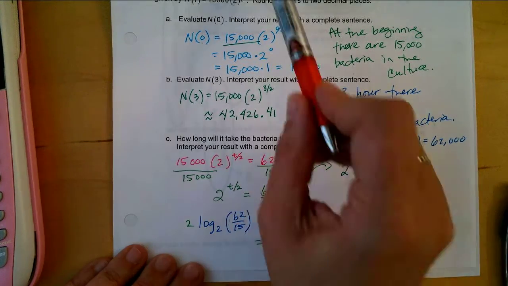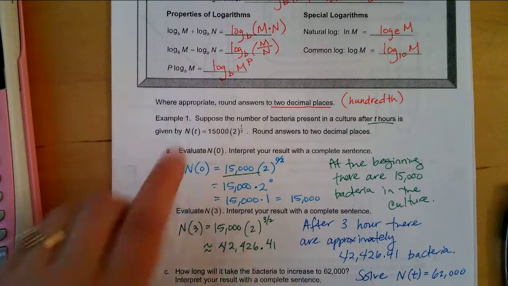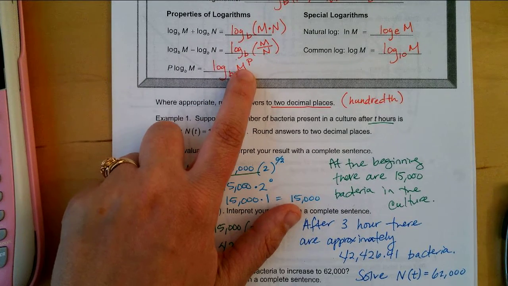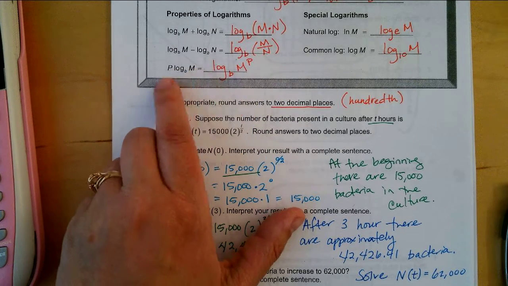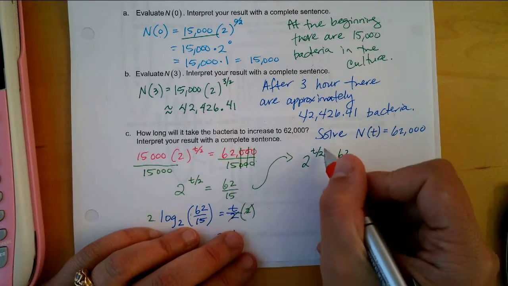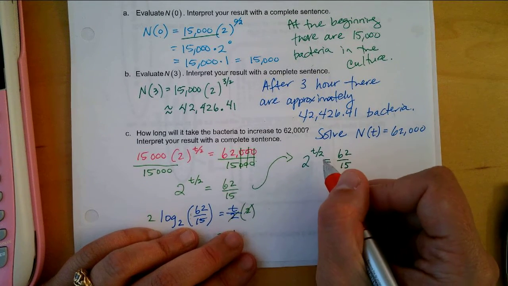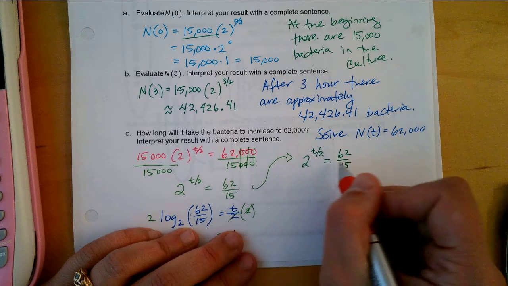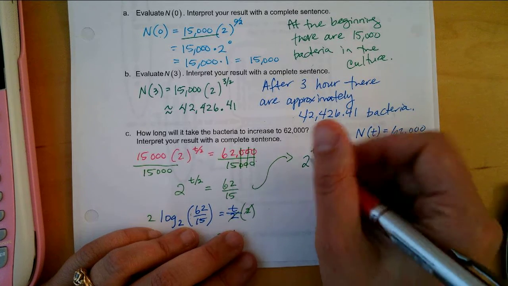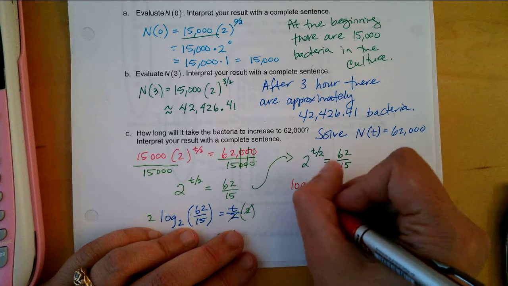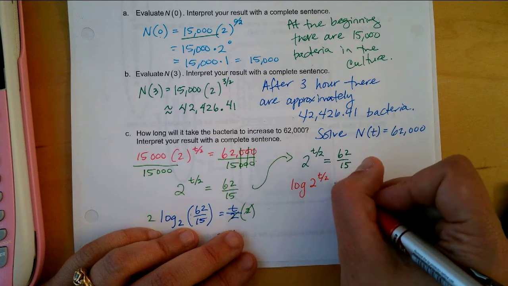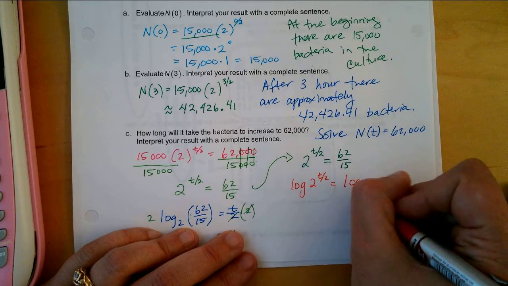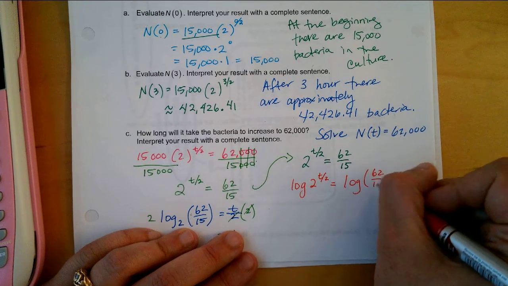When we talked about the properties of exponents, if you want to get the exponent out, you can use the logarithm, right? So I want to take the log of both sides. What that would look like is I would take the log of 2 to the t divided by 2 equals the log of 62/15.